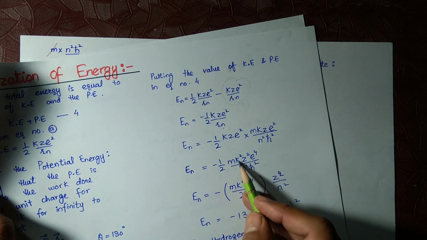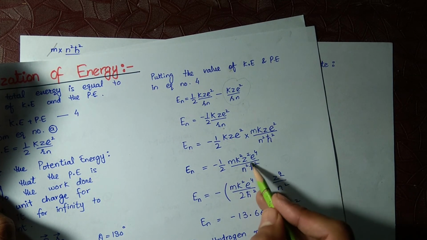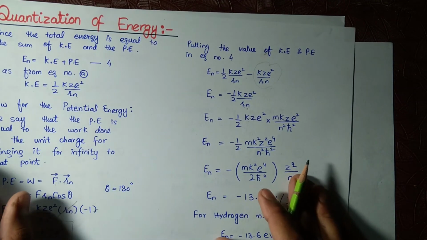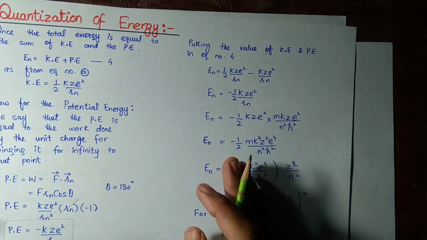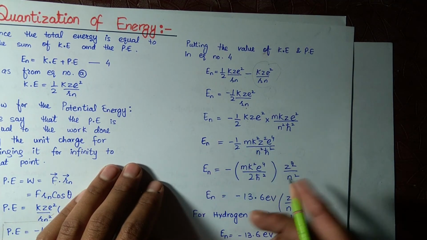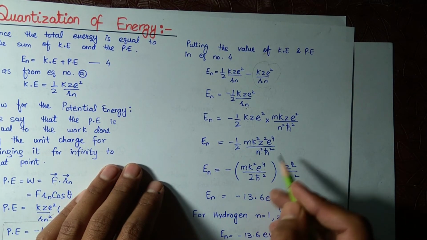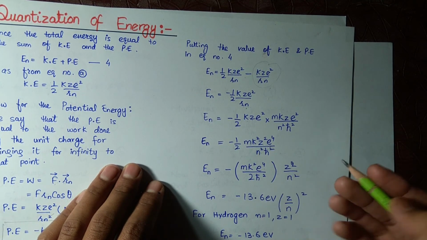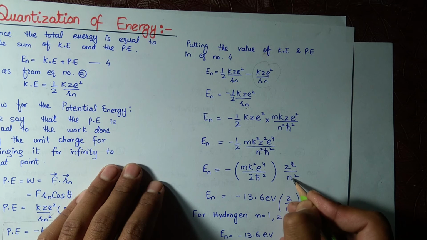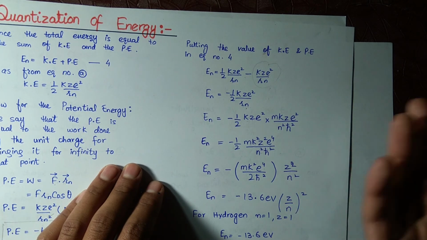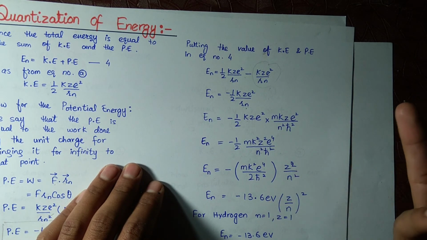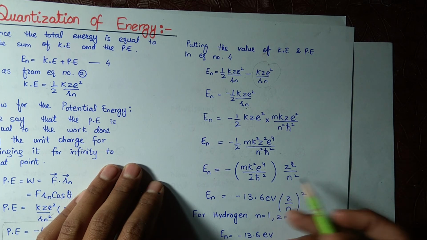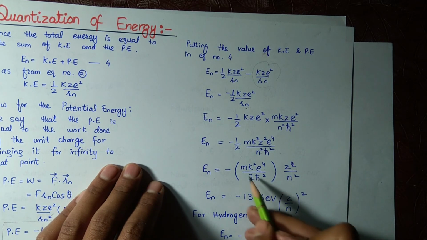So m k square Z square e4 over n square h cut square. Now we have to separate the constants on this side in the bracket, and the variables, the changing terms, which are Z and n. For every atom, Z is different and n could be different.